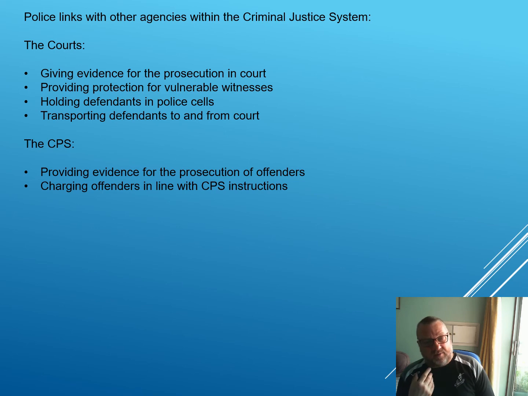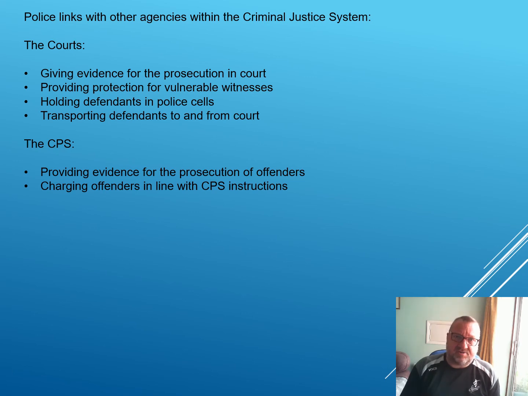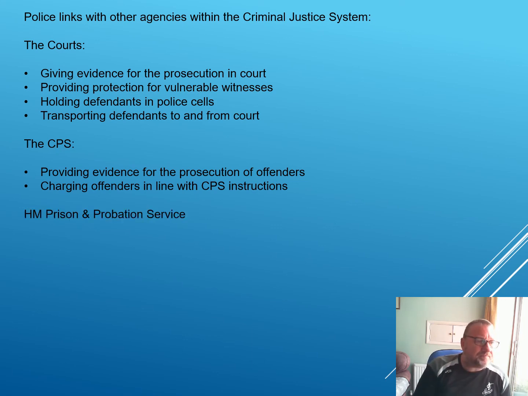And again, the police will charge offenders, but in general they will charge them in line with what the Crown Prosecution Service say. So the Crown Prosecution Service may make the decision that they might get a safer conviction with a manslaughter charge as opposed to a murder charge, so it might direct the police to charge the offender with manslaughter and not murder, to give you an example.